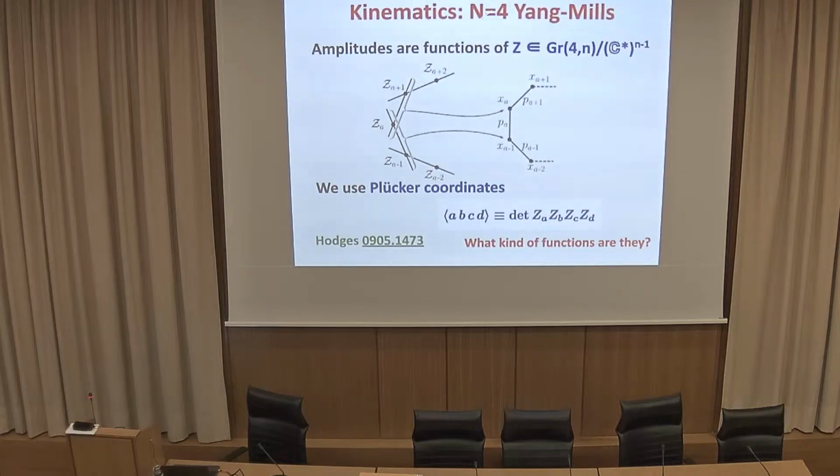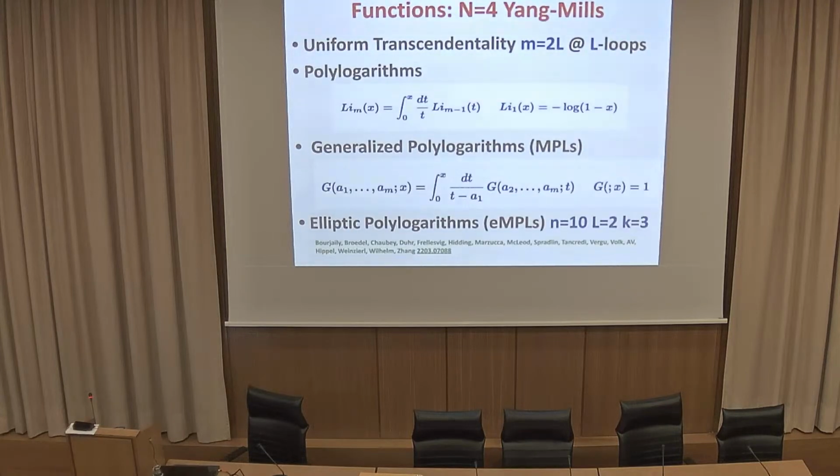Mathematically, these amplitudes are functions on some Grassmannian, Gr(4,n), where n is the number of particles. As I said, this is a cartoon-like thing, and you describe these amplitudes as functions on some Grassmannian. And what kind of functions are these?